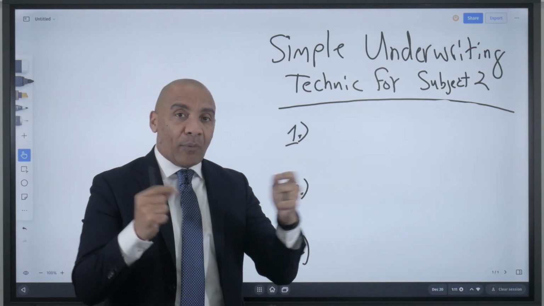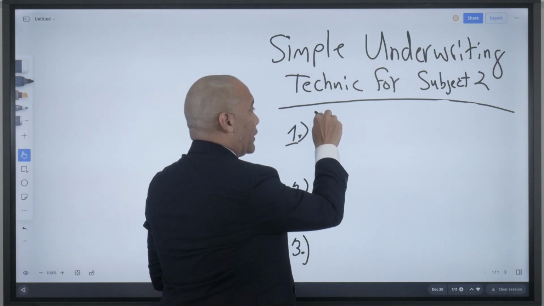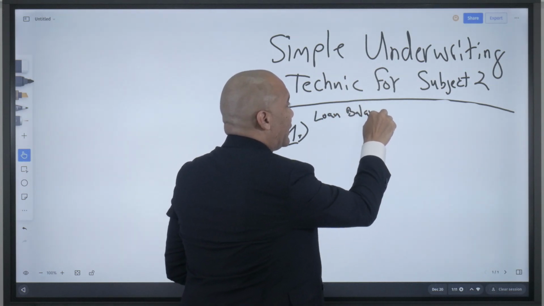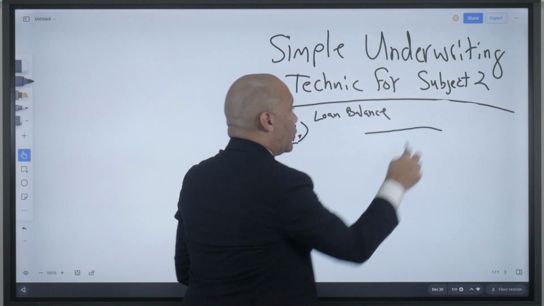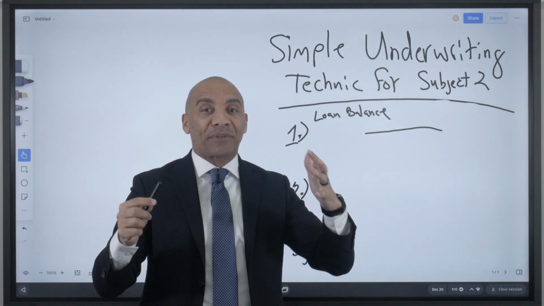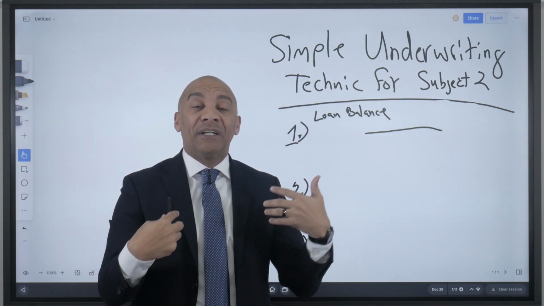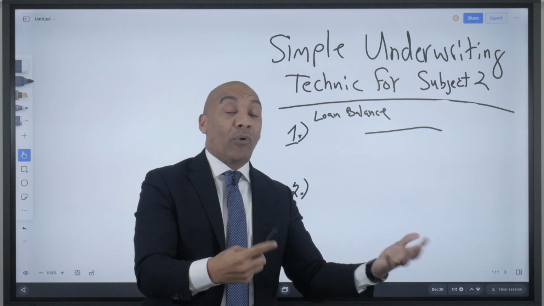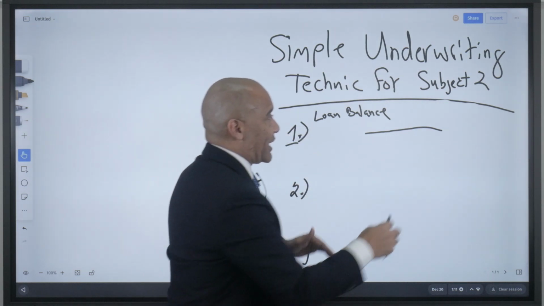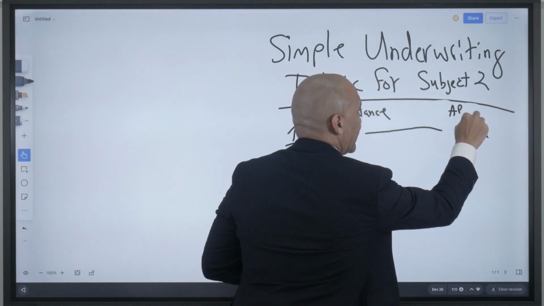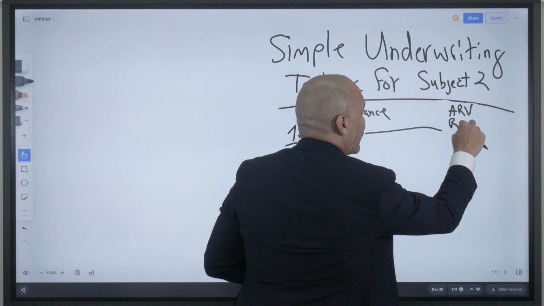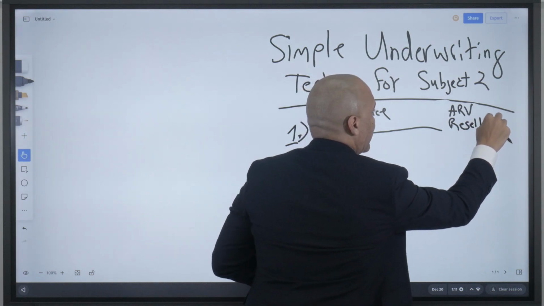First thing I want to gather is data on the loan balance. And again, I'm assuming that there's no liens, partial claims, or things that are hidden that I don't know about until I look at a mortgage statement or do a title search. But just on the surface, loan balance, and then I'm going to put the loan balance against the ARV, the after repair value, or the resale value.